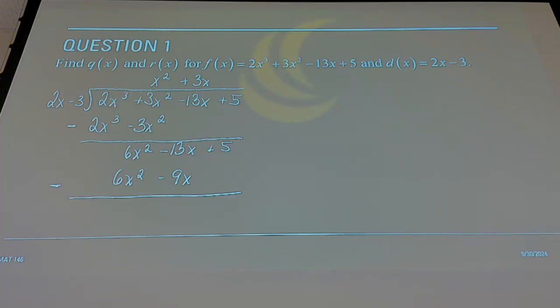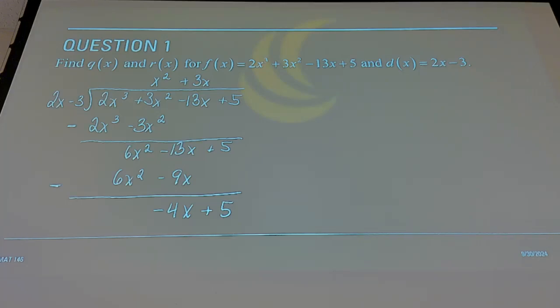Negative 13x minus negative 9x is negative 4x. You added them, not subtracted. And then 5 minus 0 is 5.